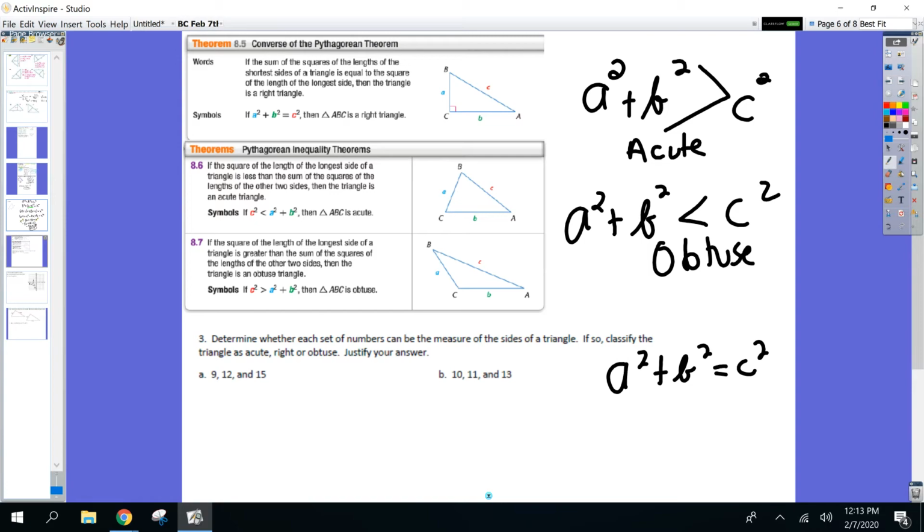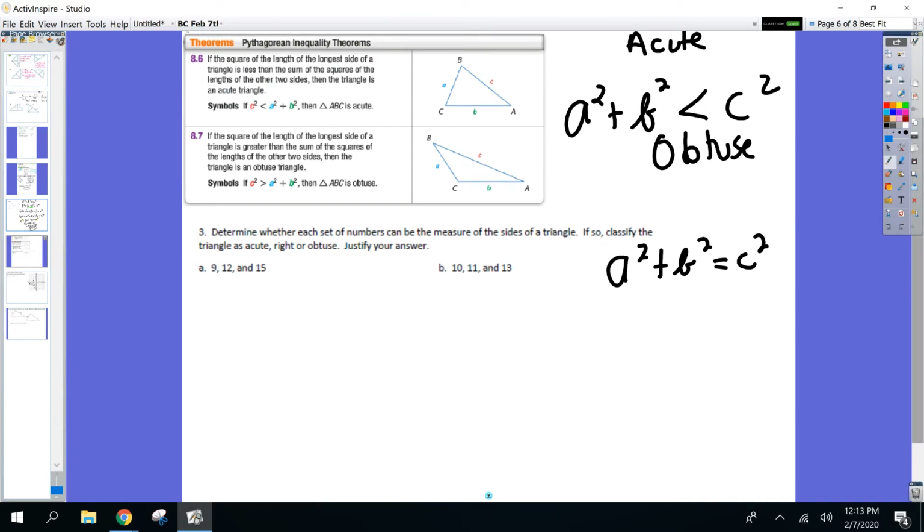Here we go. A, 9, 12, 15. What type of triangle do I have? Well, two smaller sides. I'm going to say 9 squared plus 12 squared. I'm not going to put equals. I'm just going to say, how does that compare to 15 squared? I'm going to see which side is bigger. Maybe they're equal. So 9 squared and 12 squared, how does that compare to 15 squared?